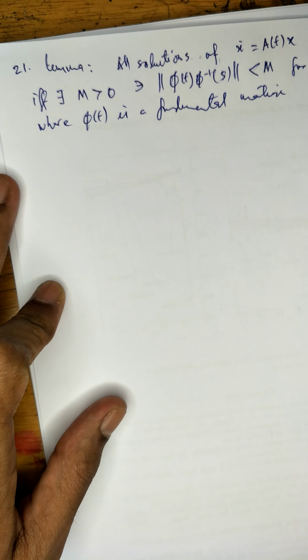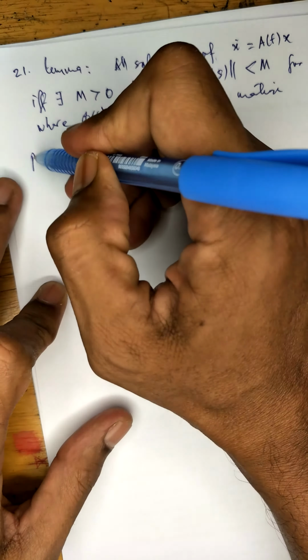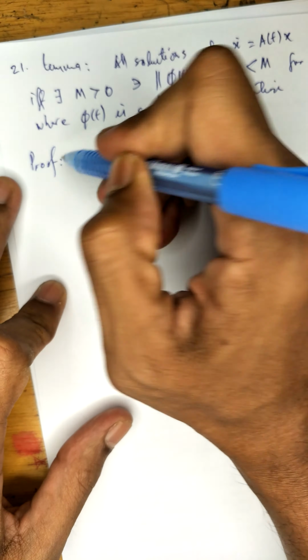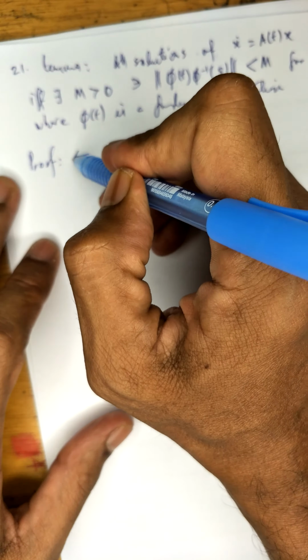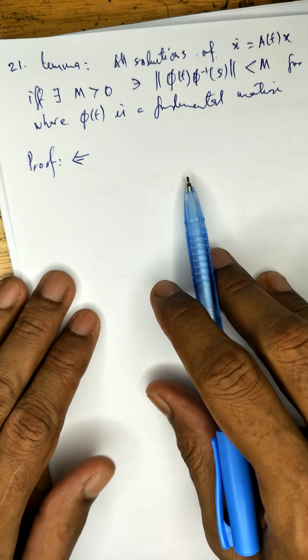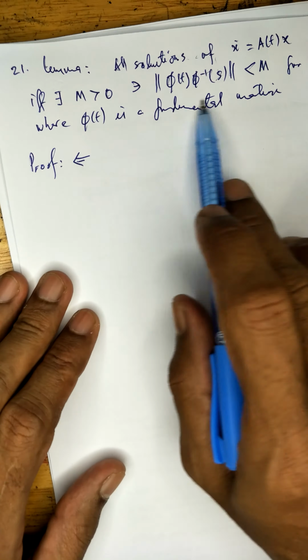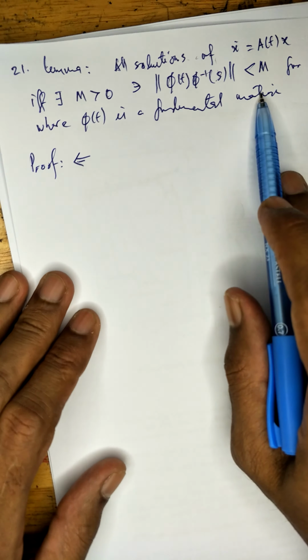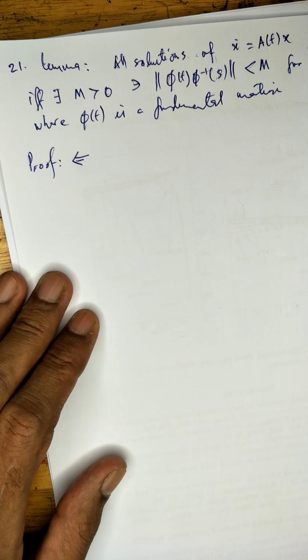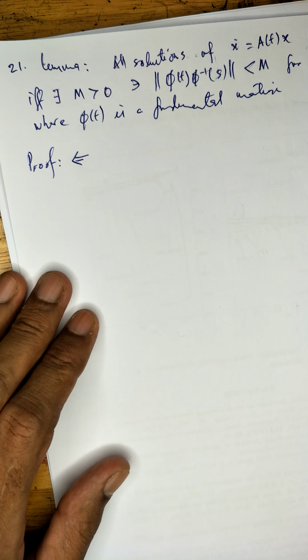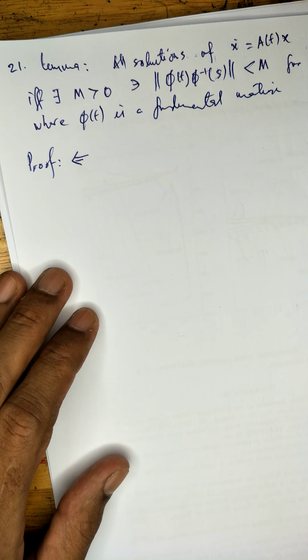Now let's prove this. First of all, you prove it this way, which means there exists M satisfying all these things, then the solution is uniformly stable. At this point you need to remember the definition of uniformly stable.